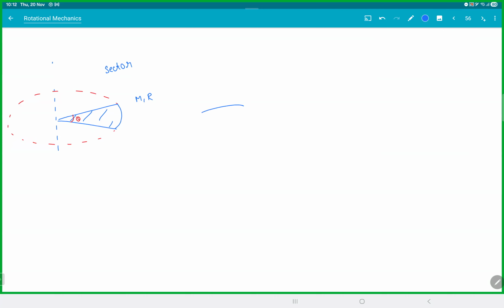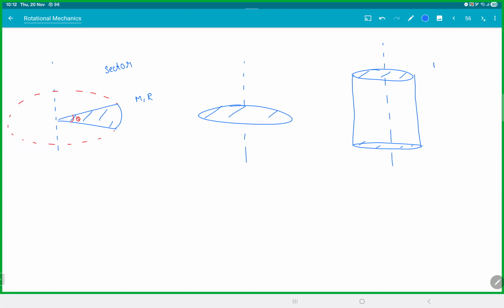So you have a full disk, you have a sector, or you have a solid cylinder. Again, as long as the mass and the radius are same, they all have same moment of inertia, mr square by 2. Is that clear, everyone?